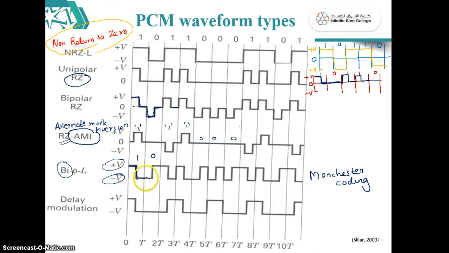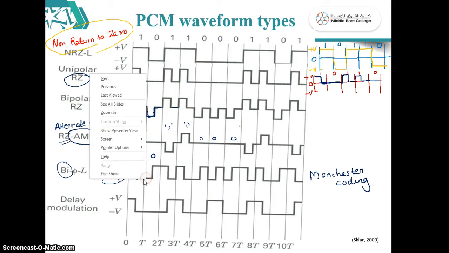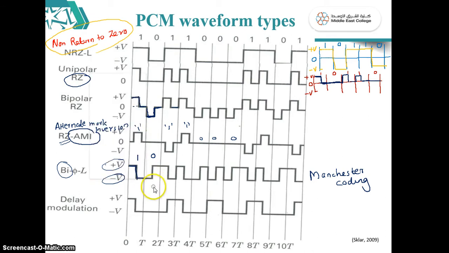A 0 will start from minus V and then go to plus. So here it starts from plus V to minus, that means it is 1. It starts from plus again, because again this is 1, why? The first half interval has the pulse.